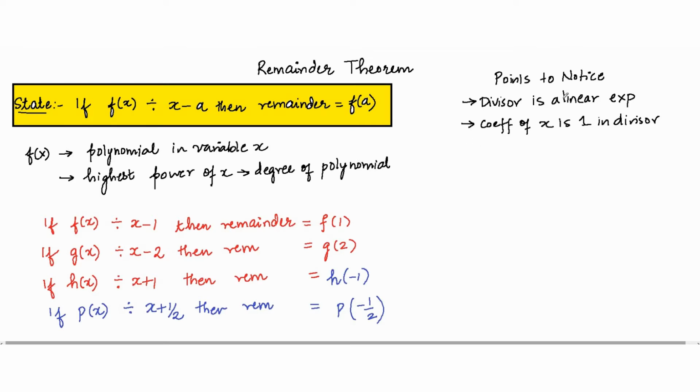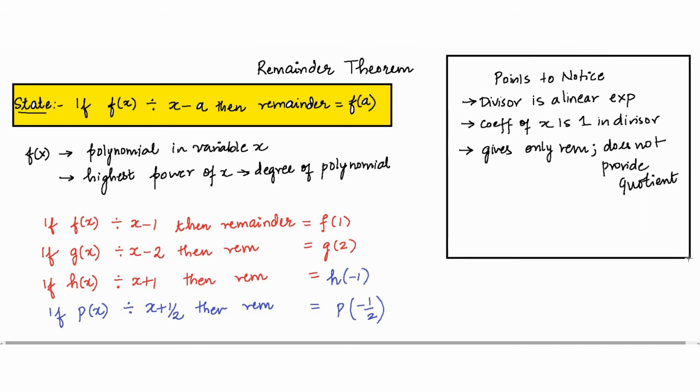So things that we notice here are the divisor should be a linear expression, the coefficient of x should be 1 in the divisor, and this particular theorem gives only the remainder, but it does not provide the quotient. So these are a few points that we should notice about the remainder theorem. And now we will go ahead and prove this particular theorem. We will see why this theorem works the way we have mentioned it here. And then let us take a few questions.